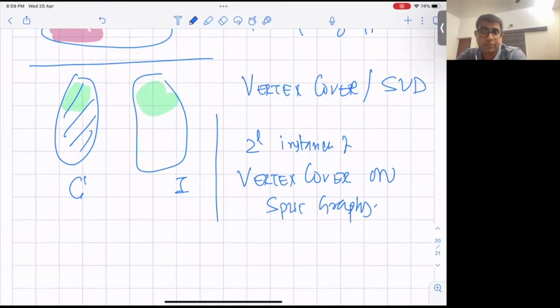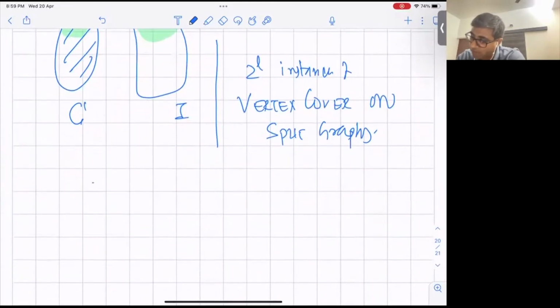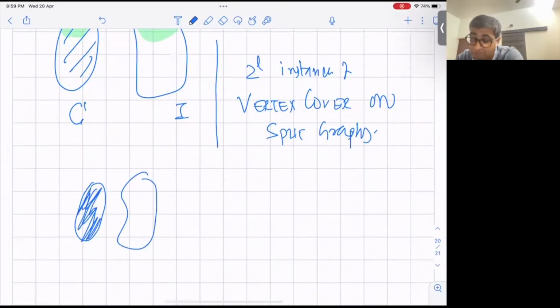If we can solve vertex cover on split graphs in poly time, then we will be done. And we can, because, as Sriram was saying, you have a clique and an independent set. You definitely need all but one vertex from the clique, so you guess which one it is, and if this vertex also has an edge here, you better take him or not.